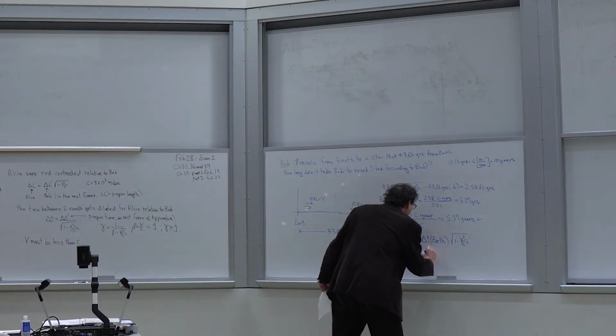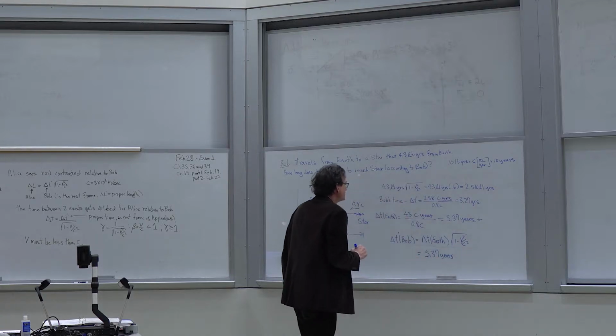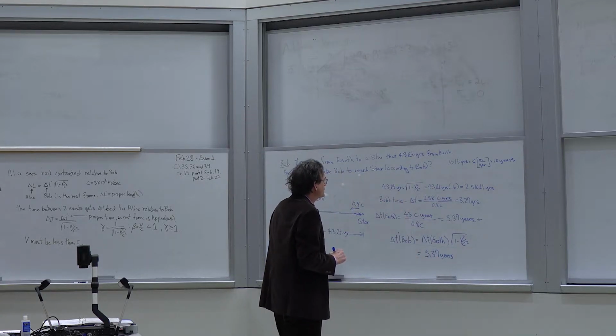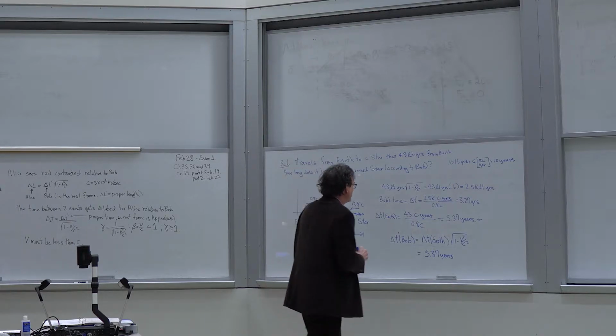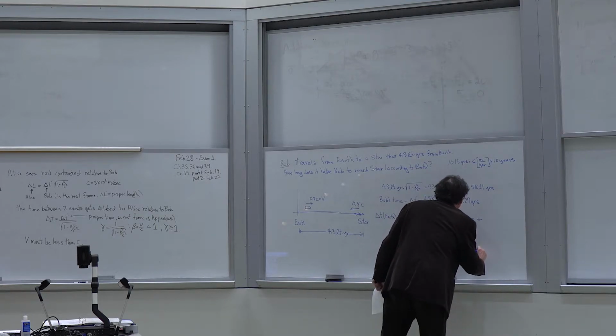So I get 5.37 years is the Earth time, times the contraction factor, which is the square root of 1 minus v squared over c squared. And we just calculated that somewhere, I think it was 0.6. And so we should get the same answer of 3.27 years.